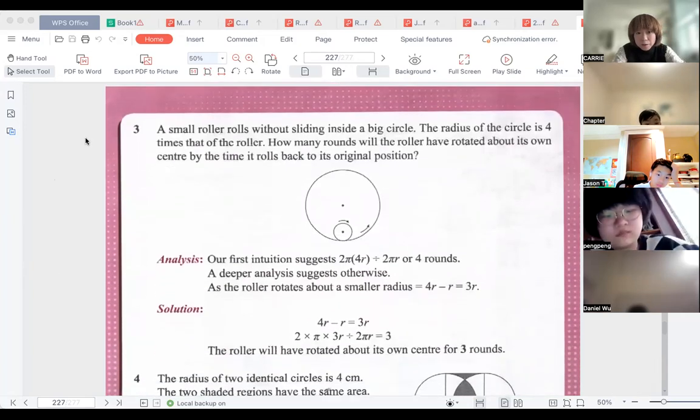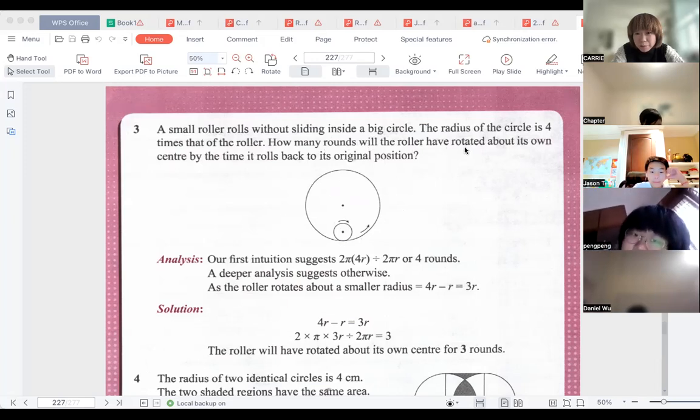A small roller rolls without sliding inside a bigger circle. The radius of the circle is 4 times that of the roller. The small circle is inside and the big one is outside, right? How many rounds will the roller have rotated about its own center by the time it rolls back to the original position?